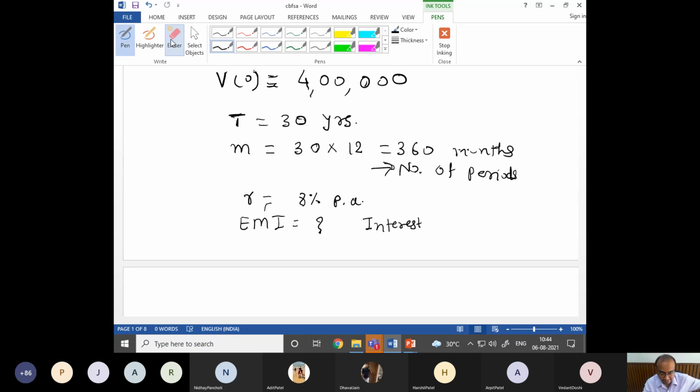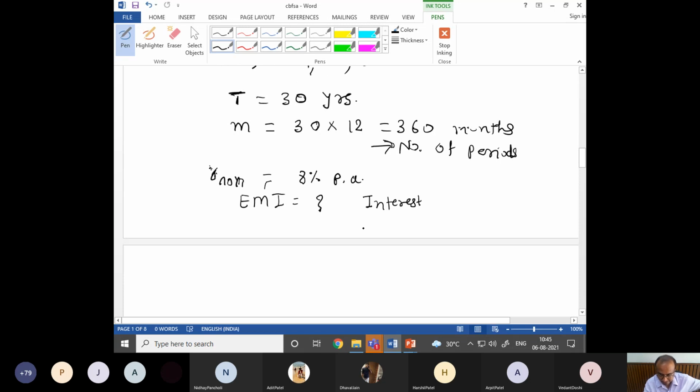Instead of writing this as R, let me designate this as I nominal, which is 8%.